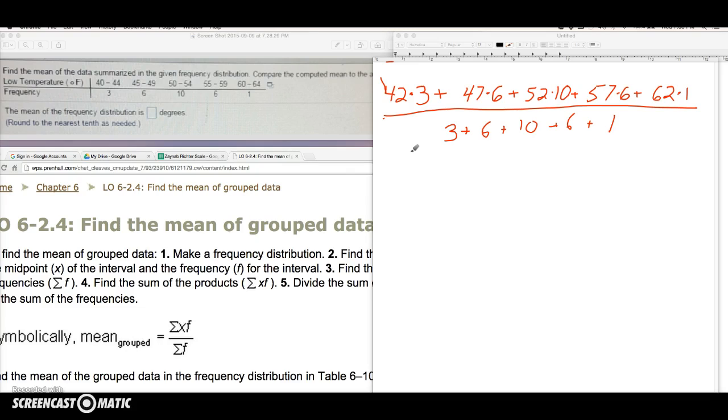And that equals 595 up on top. And then on the bottom, our sum is 3 plus 6 is 9, plus 10 is 19, plus 6 is 25, plus 1 is 26. 595 divided by 26 equals 22.8846. And that is your mean.